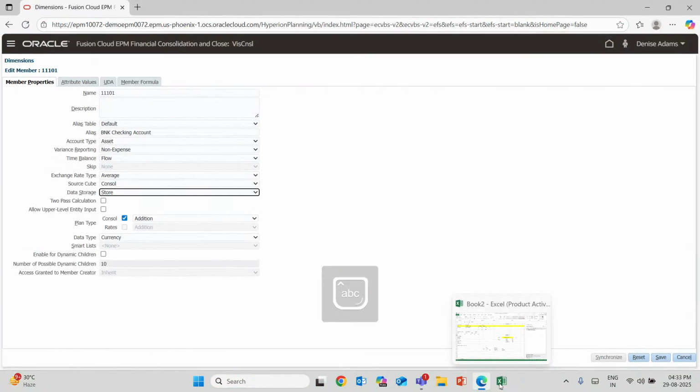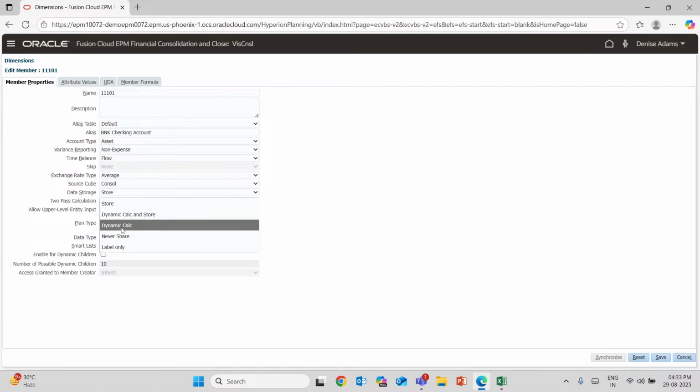Then let's talk about the dynamic calc. This property does not hold the property of a store. In simple words, dynamic calc cannot hold the property to store the data.